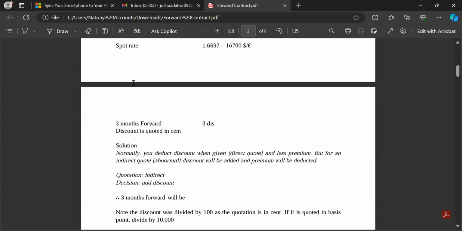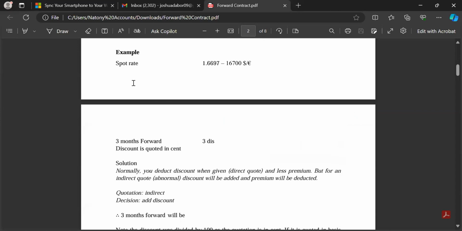So in 3 months' time, first of all, which rate applies? Still assume that it is a payable. Which rate will apply?